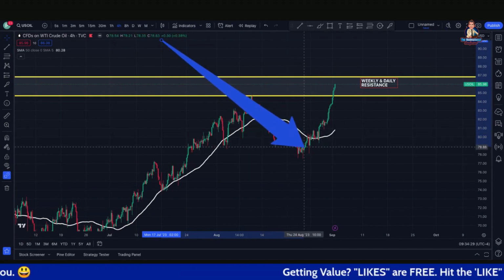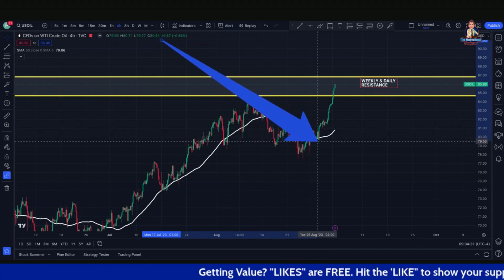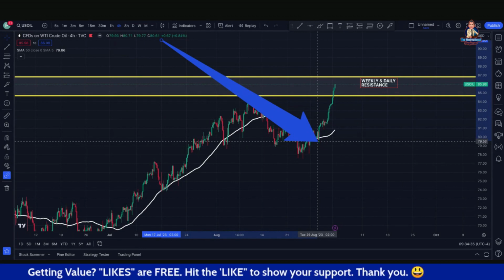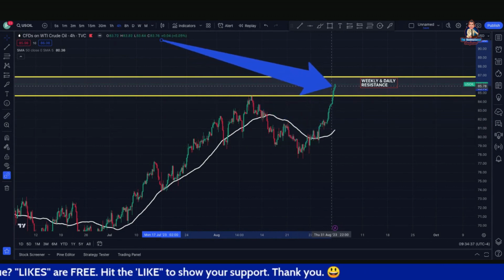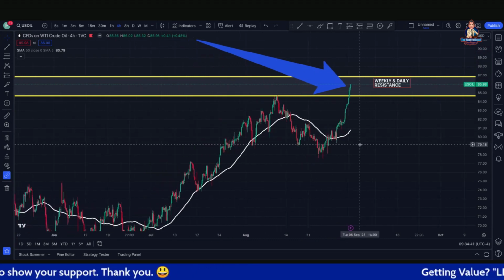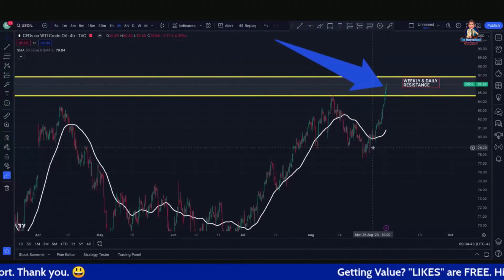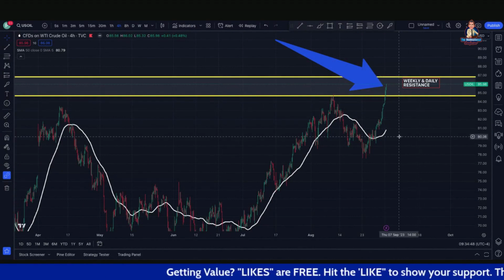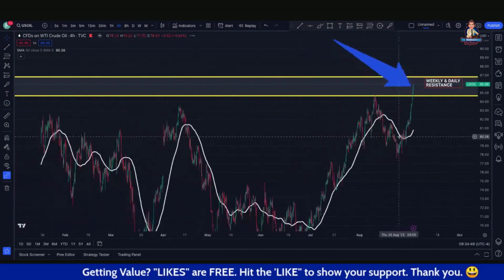Inversely, once we had this closure up here, price came back down towards the 50, and that's what began our buying last week. And now we are at this area of weekly and daily resistance. So again, we are going to need price to close above 87 to see us going higher, in my opinion.